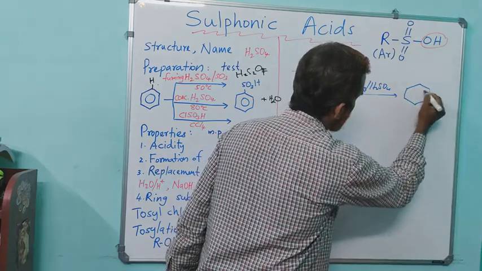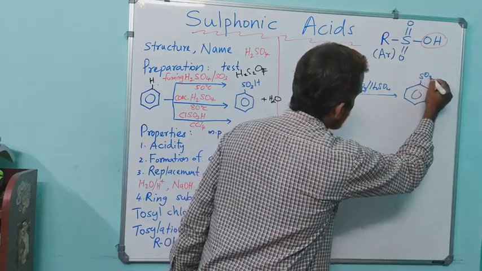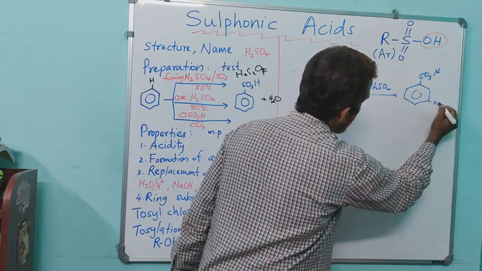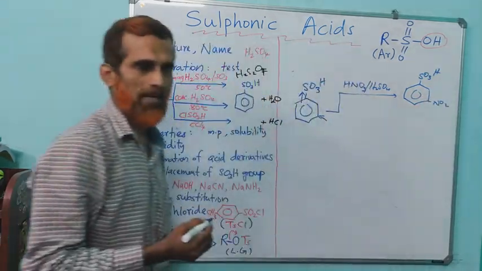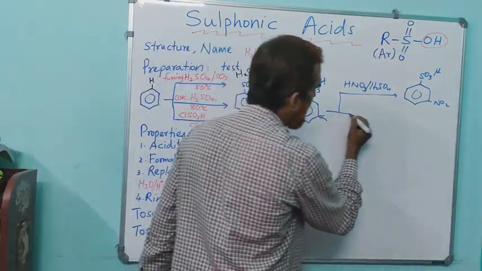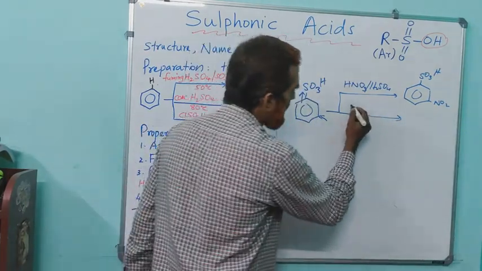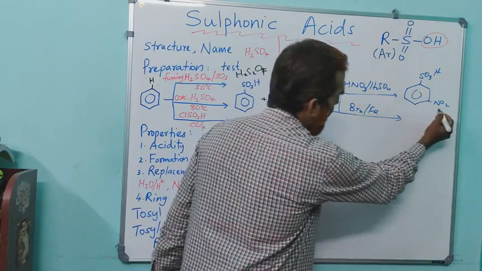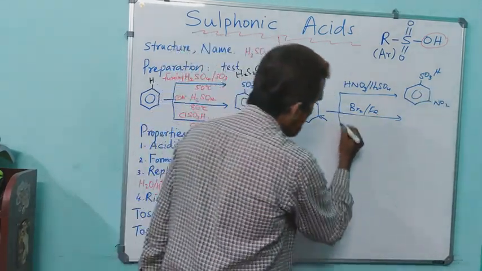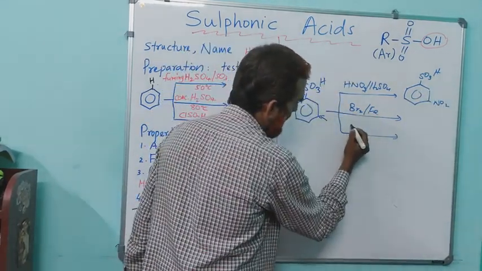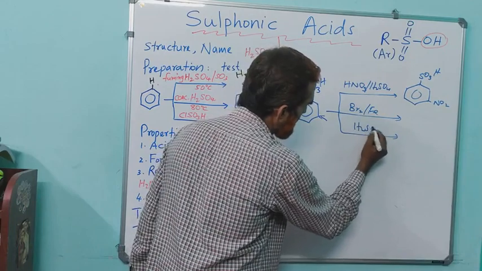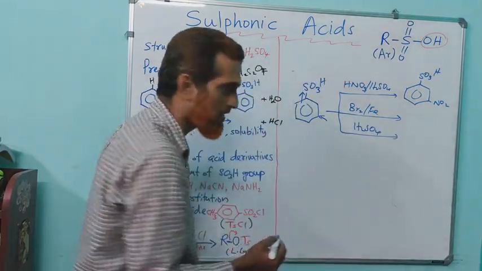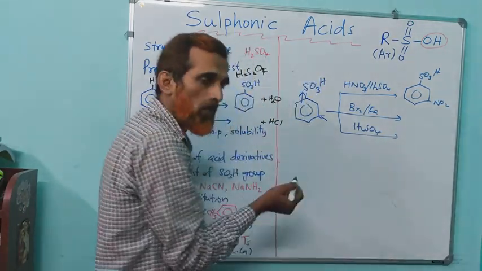So nitration takes place in drastic conditions at the meta position. So you get meta-nitrosulfonic acid. Similarly, you can do halogenation using bromine and iron. You get bromine here. You can sulfonate this again using fuming sulfuric acid or concentrated sulfuric acid at high temperature, or using chlorosulfonic acid.